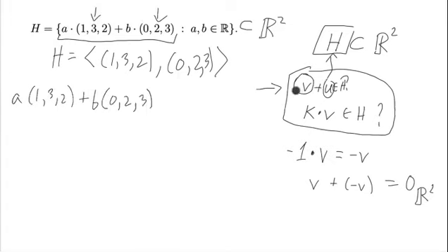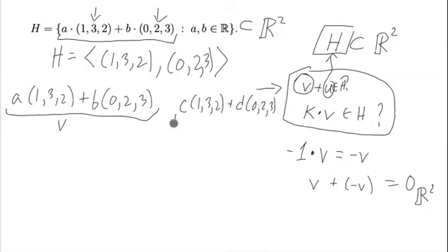Now, what about u? Let's represent it also with this form, but with different numbers, like c and d, to represent the real numbers. So let's do c times (1, 3, 2) plus d times (0, 2, 3). And that could be u.